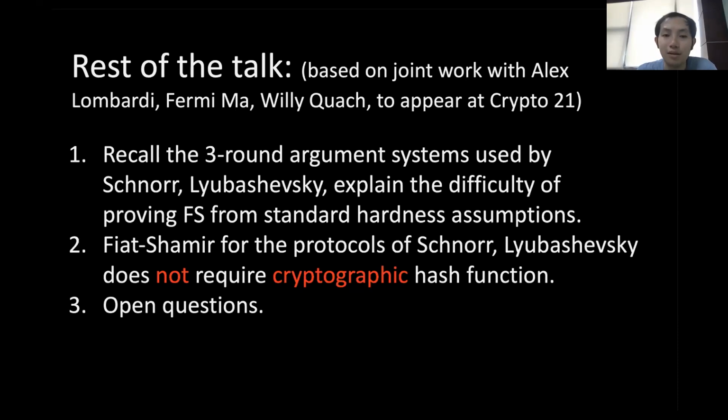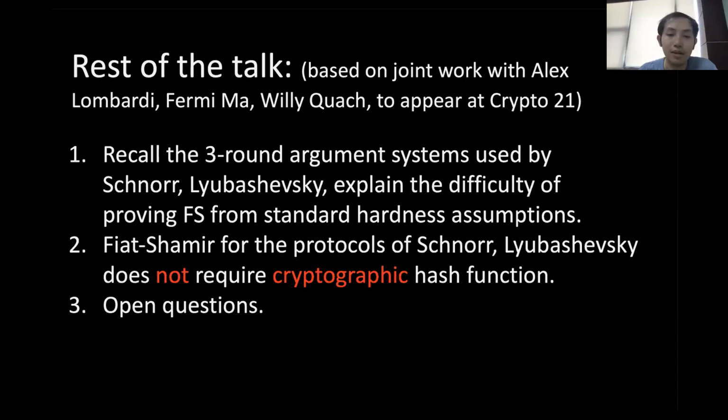To tell you about that, let me first recall the three-round argument systems by Schnorr and Lyubashevsky, and explain the intuitive difficulty of proving Fiat-Shamir from standard hardness assumptions. Then I'll tell you about our positive results, and in the end I will conclude with open problems.